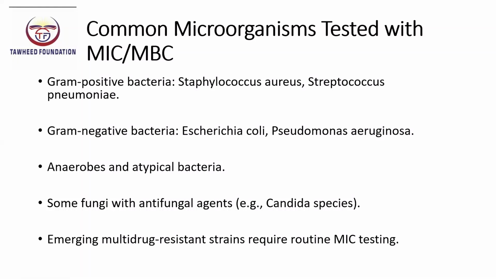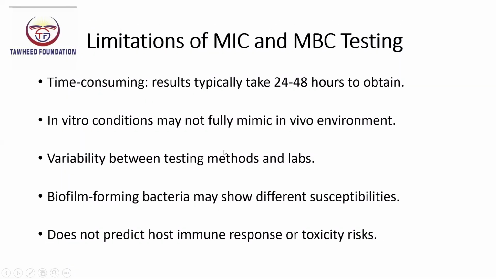Regular MIC or MBC testing of these organisms is vital to track and manage resistant patterns. So these organisms tested against MIC and MBC include Staphylococcus aureus, Streptococcus pneumoniae, E. coli, Pseudomonas aeruginosa, as well as Candida species, anaerobes, and typical bacteria.